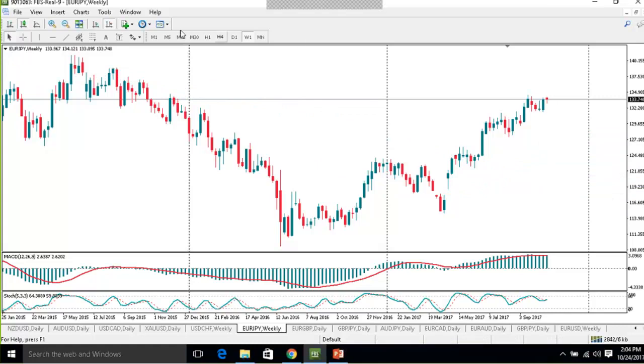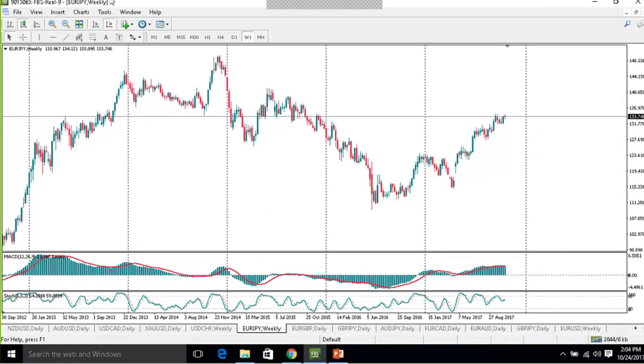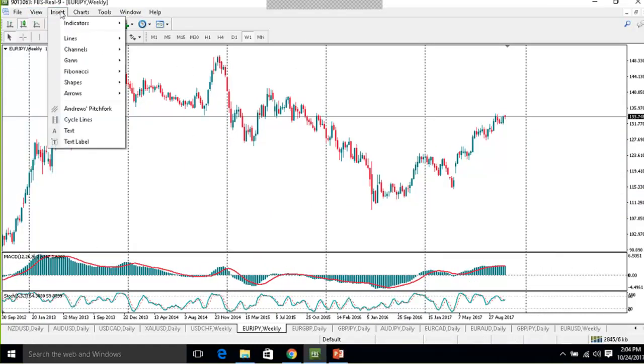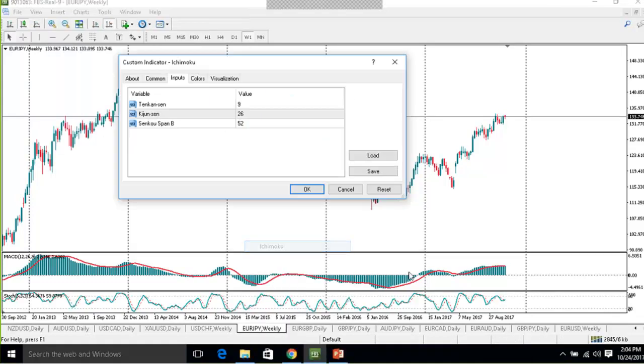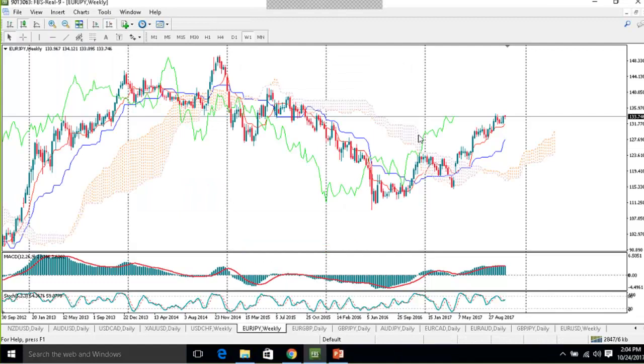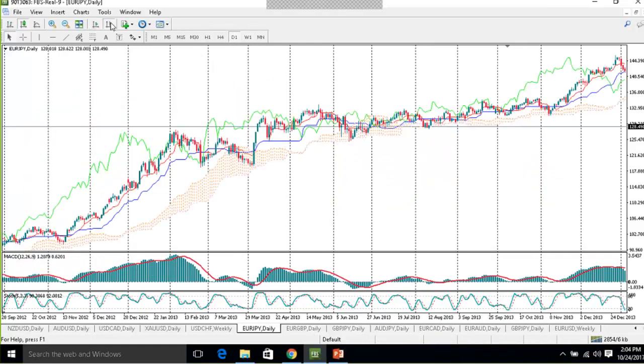Let's just have a quick look at, for example, the Euro-Japanese yen currency pair. We'll quickly apply the indicator with basic settings. Here, positive picture on the weekly chart. We have here a trend, bullish trend.